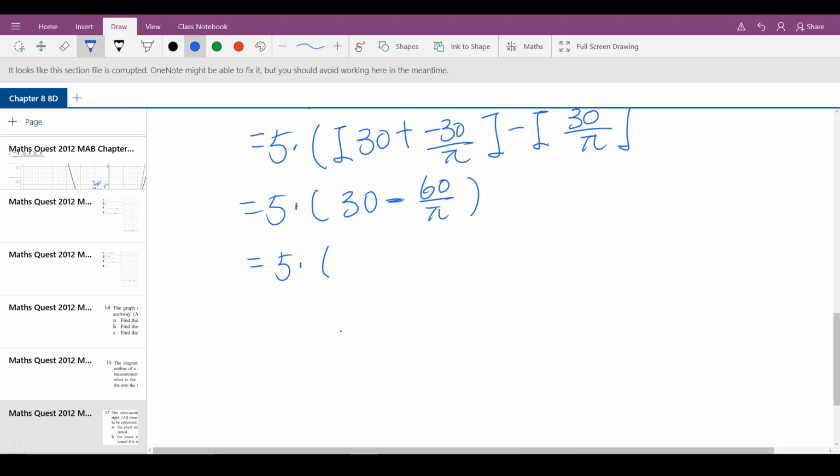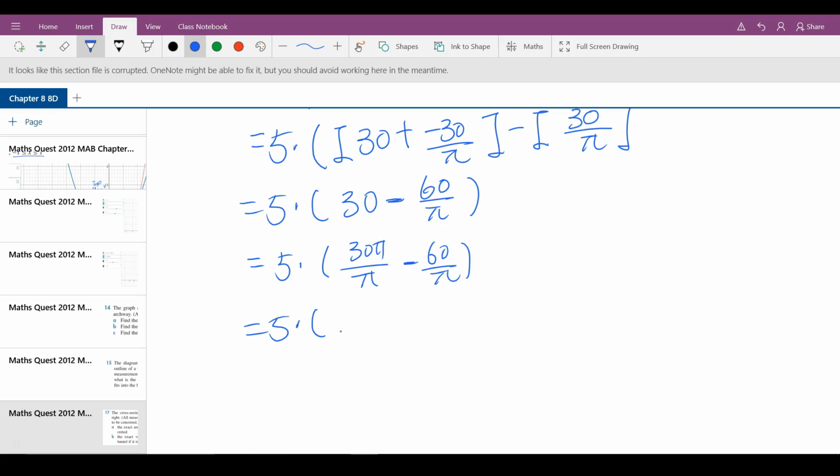So the exact area is, let's go 30 pi over pi minus 60 over pi, and then that's equal to 5 multiplied by 30 pi minus 60 over pi. Times 5 into it equals 150 pi minus 300 over pi.